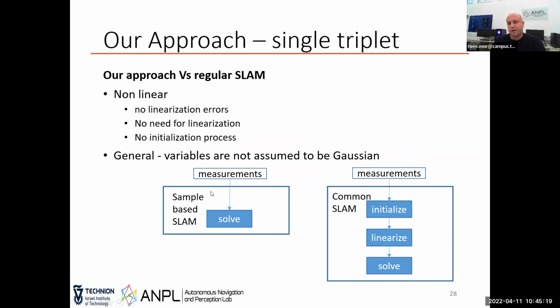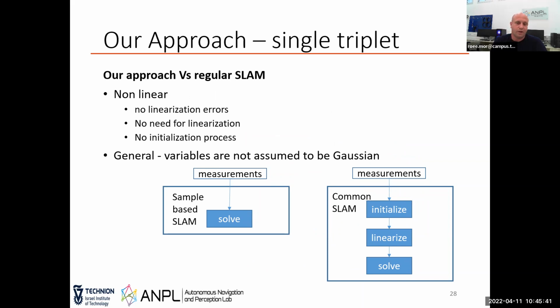So the reason we are using this method for estimating the SLAM problem is that it's very simple, okay? So in regular SLAM, we have to initialize and then linearize variables because we assume the variables are Gaussian and they actually are not.